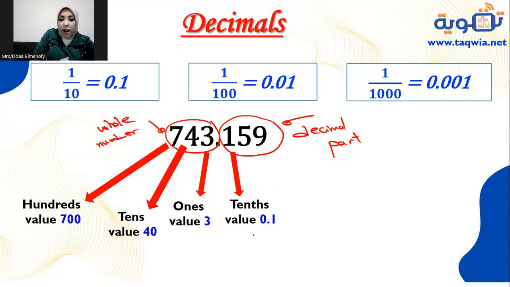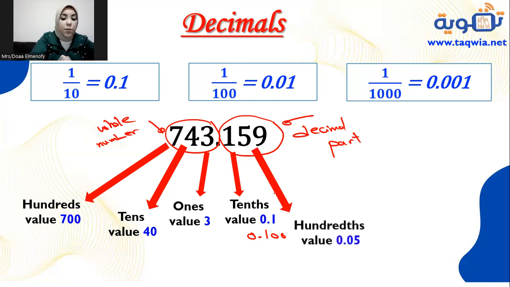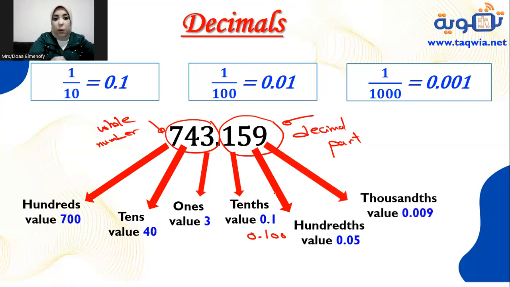If you want to write 0.100, it's okay, but when we have zeros to the right in the decimal part, you can cancel them. What about 5? 5 is in the hundredths place, and its value is 0.05. What about 9? 9 is in the thousandths place, and its value is 0.009.